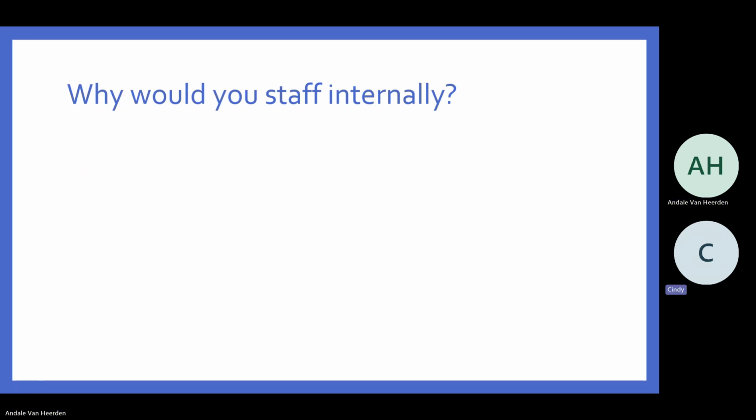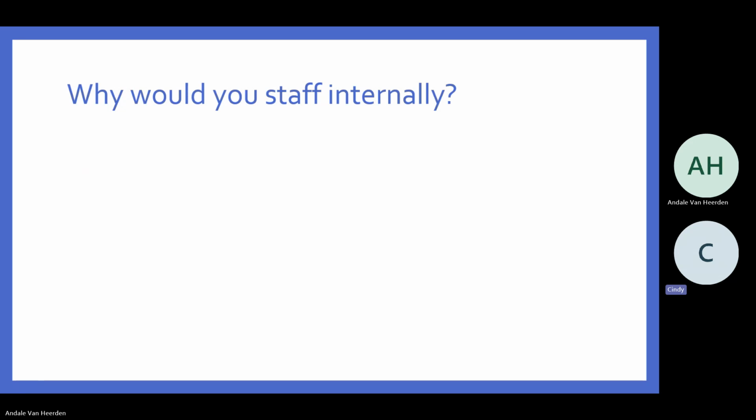It cuts costs for the company. I don't have to recruit somebody, and I don't have to waste money training somebody. If the person's already in the company, what are you learning about the company?